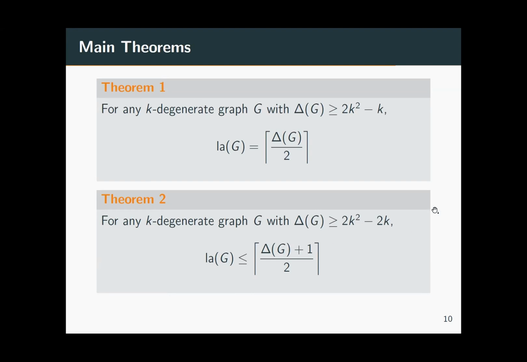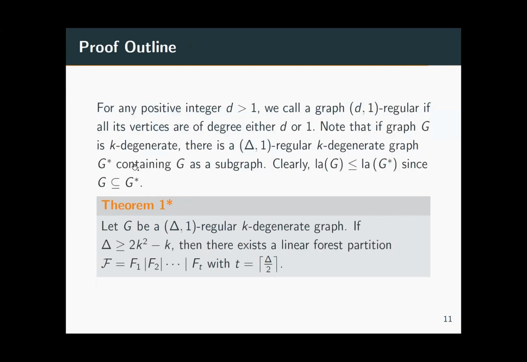I'm not going to talk about the details of the proof, but I can give you a brief outline of our ideas. First, for a given graph G, we embed it in some kind of regular graph.